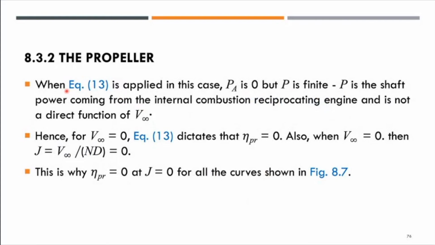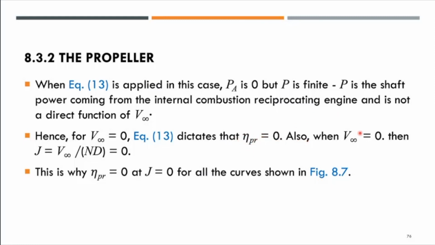So when equation 13 is applied in this case, the available power equals 0, but the shaft power is finite, where shaft power P is the shaft power coming from the internal combustion reciprocating engine, and is not a direct function of the free stream velocity. Hence, for free stream velocity equal to 0, equation 13 dictates that the efficiency of the propeller is also equal to 0.